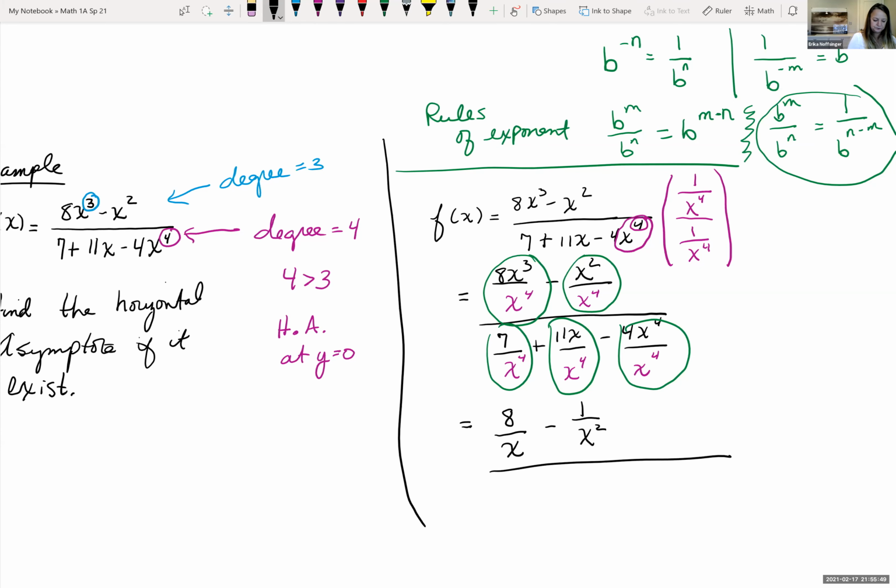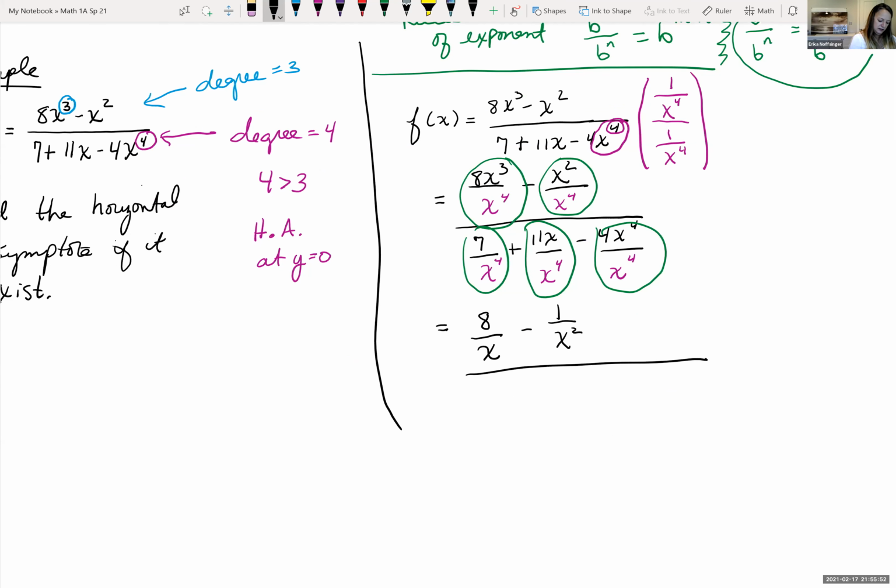All over, nothing cancels for the first term in the denominator. So here I have plus 11. So our exponent of this x is 1. So the exponent on the bottom is 4. 4 minus 1 is 3. So we have x cubed in the denominator. Minus 4. And then x to the 4th over x to the 4th. Those cancel, leaving you with 1. So 4 over 1, which I don't have to write.